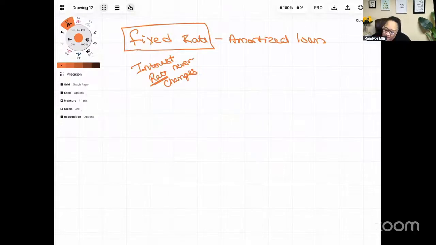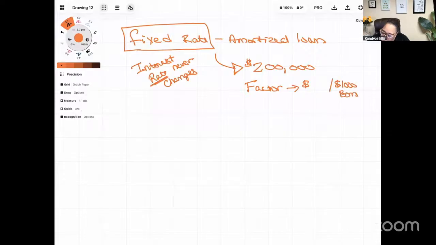Remember, let's do this really quickly. Let's say we had a $200,000 loan. Remember, we use a factor or a dollar amount per 1,000 borrowed. That's based off of our interest rate that never changes and the number of years or the term that you have.